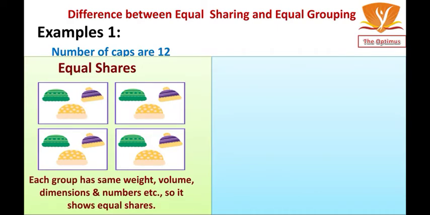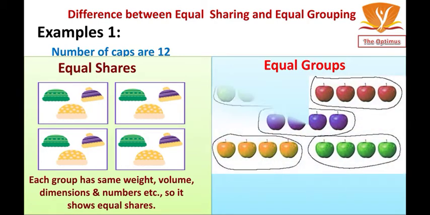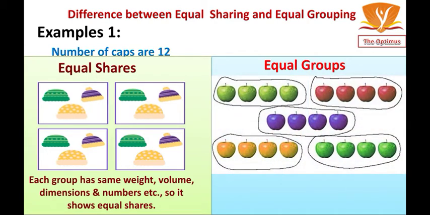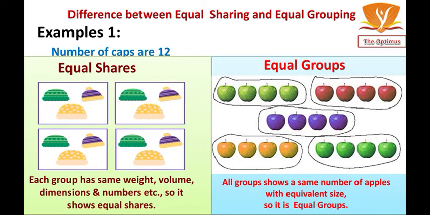Isn't it? So it is equal shares. But on the right hand side, the number of apples is the same. Each group has 4 apples but different colors. So all groups show the same number of apples with equivalent size. So it is equal groups.